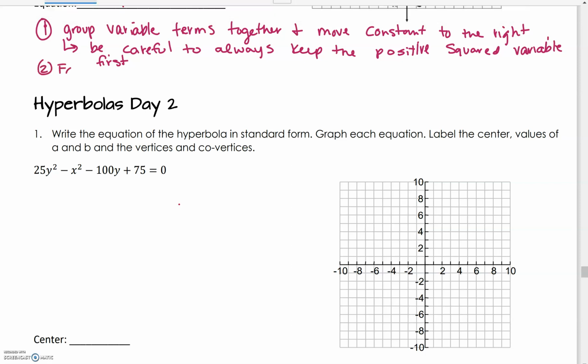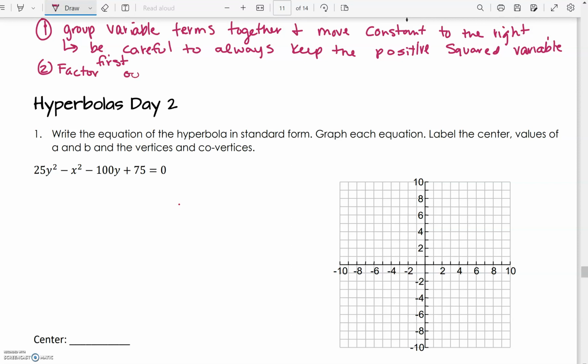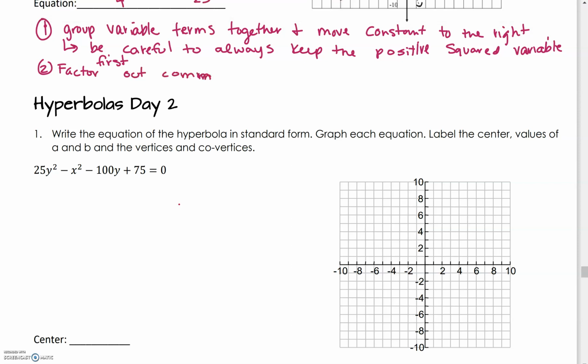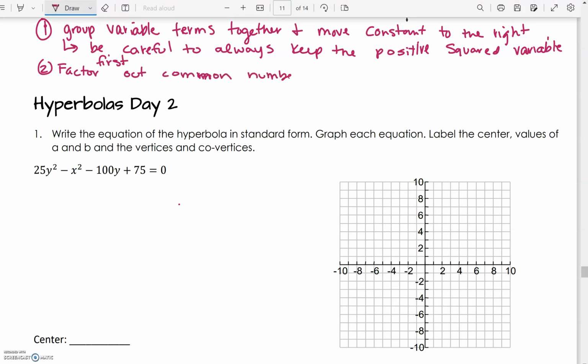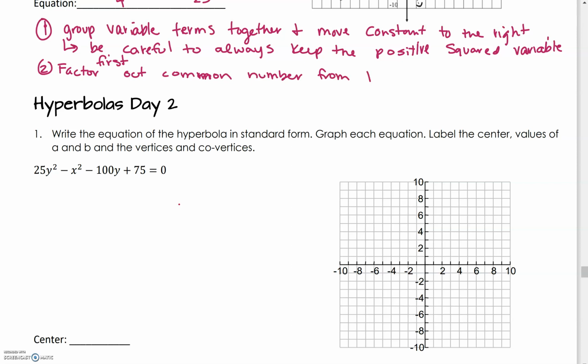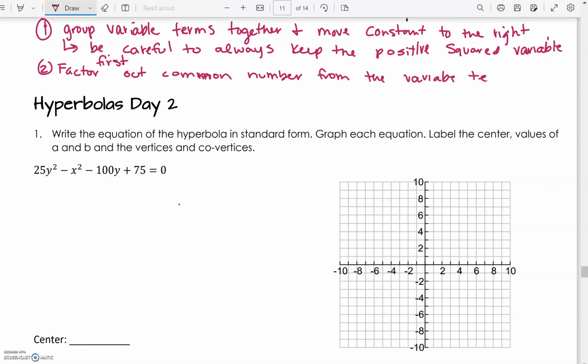So step 2, we are going to factor out the common factor or common number from the variable terms, both x and y.